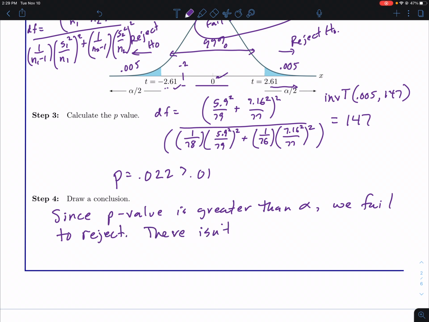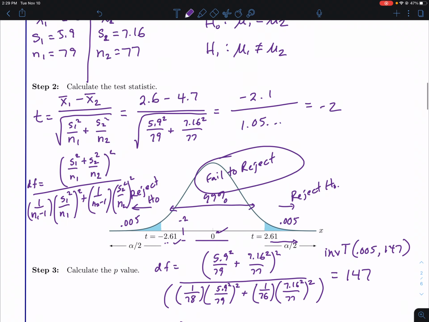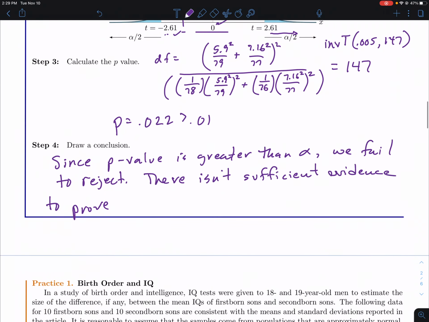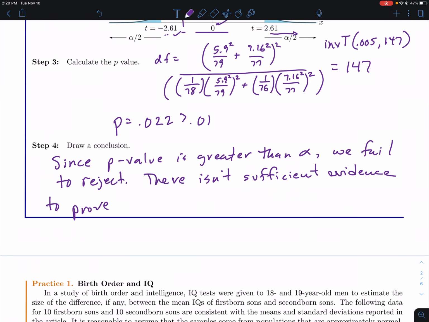There isn't sufficient evidence to prove that there's that much difference between the two diets in this case. So there isn't sufficient evidence to prove there's a significant difference.